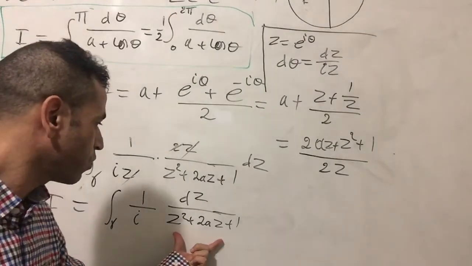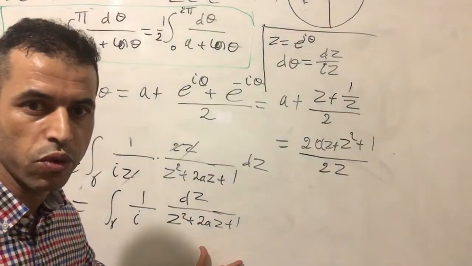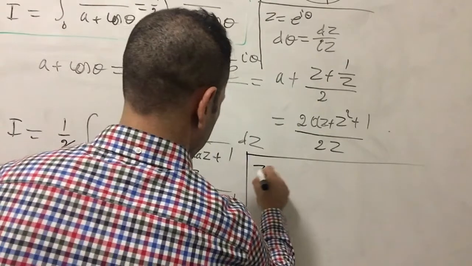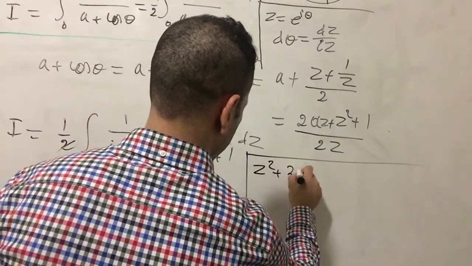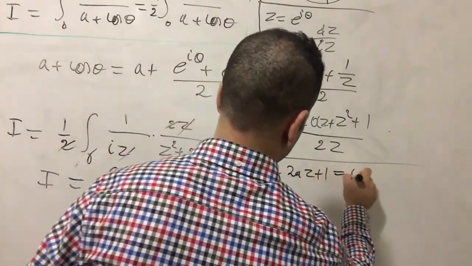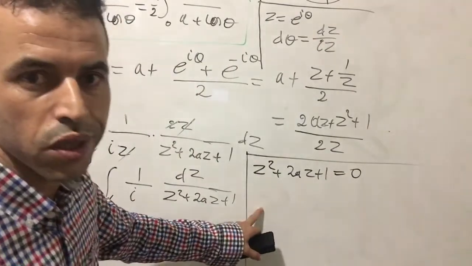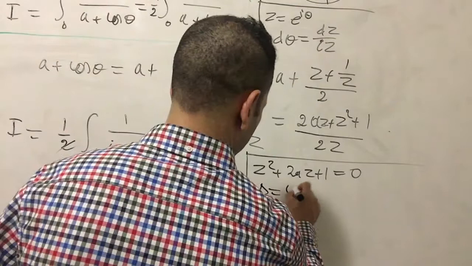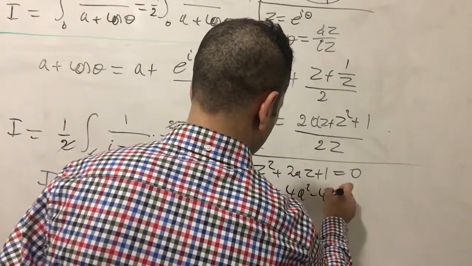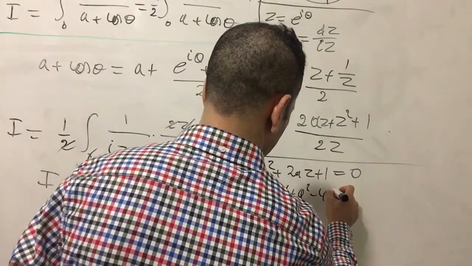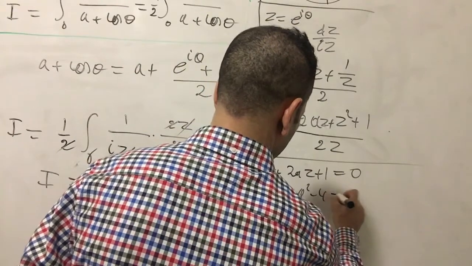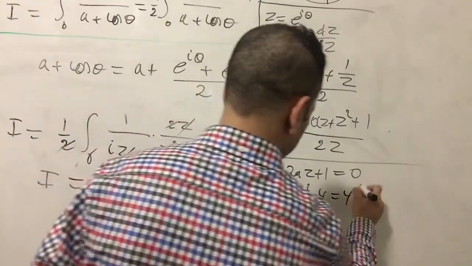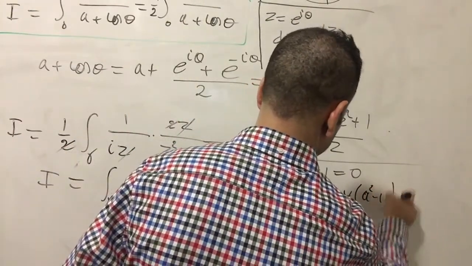I'm going to solve this equation to find the poles of this one. So z squared plus 2az plus 1 equal to 0. I'm going to calculate the discriminant of this one, so we'll have delta equal to 4a squared minus 4ac. So I will have 4c, which is 4. I take 4 outside of this one, so I will have a squared minus 1.